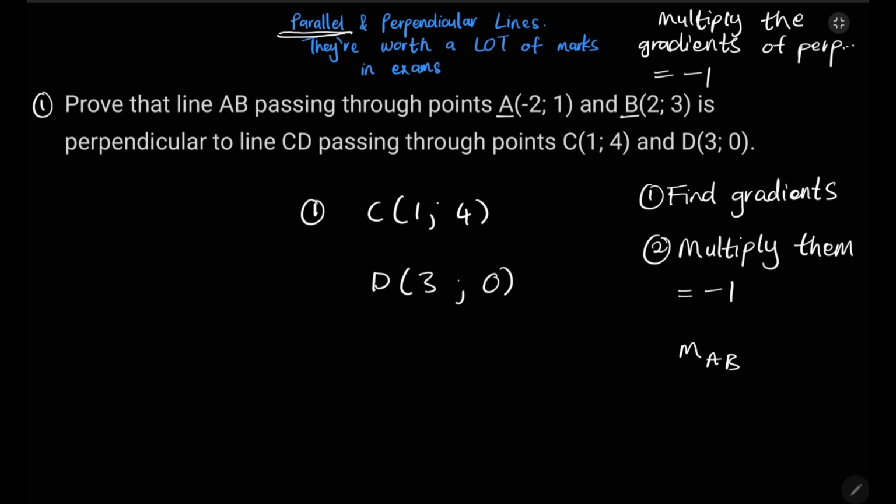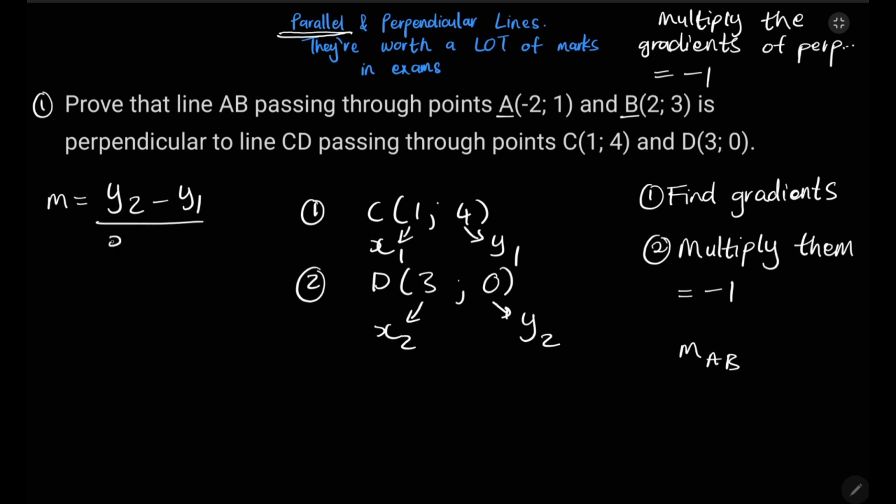So that can be our first point, and that is your second point. 1 is your x, 4 is your y, 3 is your x, and 0 is your y. So that is x1, y1, x2, y2. Now let's substitute into our gradient formula. Remember, m is equal to y2 minus y1 over x2 minus x1.